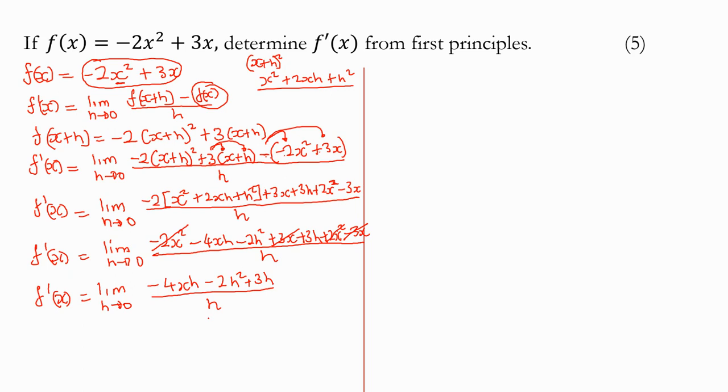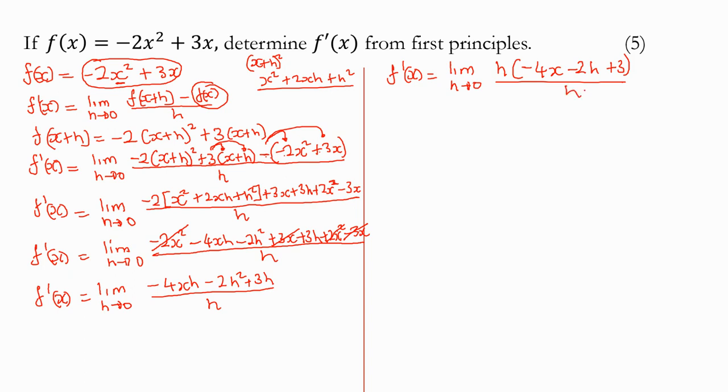Okay, right, and then what's the next step? We have to factor out h. Check the numerator there, you factor out h, so it becomes f prime x is equal to lim h approaching 0, and then we factor out h, becomes negative 4x minus 2h plus 3, divided by h.